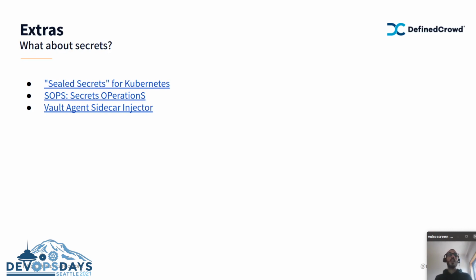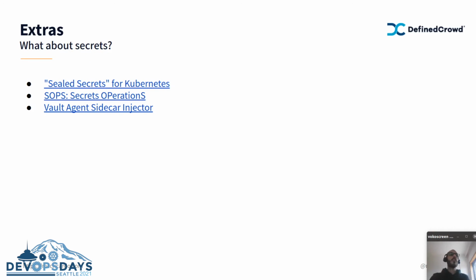Very quickly, there are a few projects to handle this. Two that work in a very similar way are Sealed Secrets from Bitnami and SOPS by Mozilla. The idea is that you have an agent that has access to a secret key inside the Kubernetes cluster, and you encrypt your secrets with a public key, like public-private key encryption. Then when we deploy to a cluster, the agent inside the cluster with the private key can decrypt and create a secret.